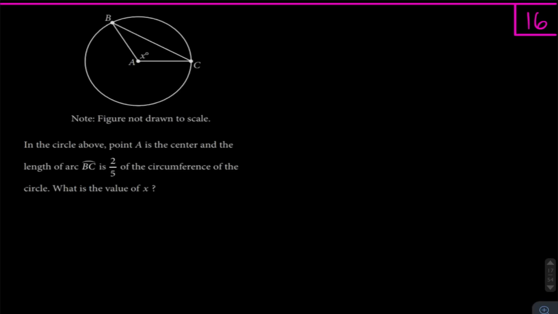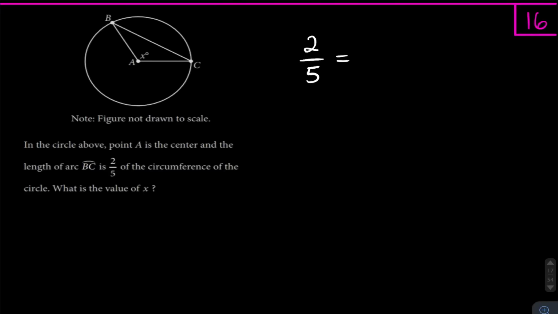And the trick for this problem is that you need to know that the size of the arc that has been traced out is proportional to the angle, meaning they're going to have the same ratio. So this 2/5 of the entire circumference of the circle, you can set up 2 fractions here and do some cross multiplying.